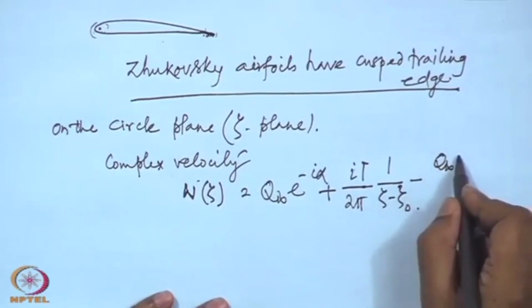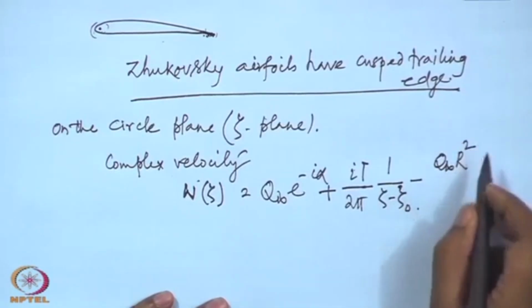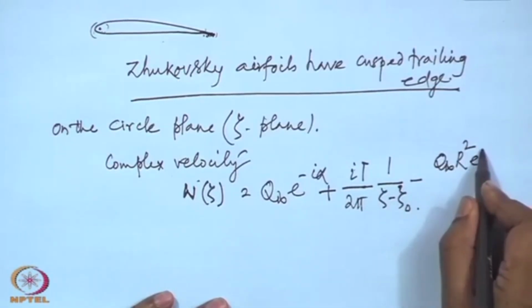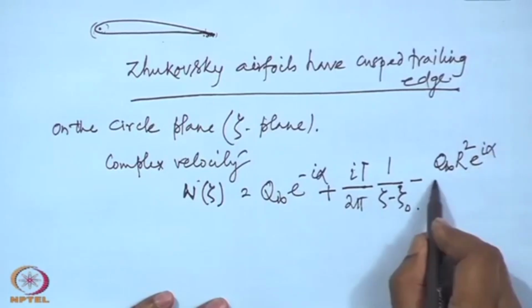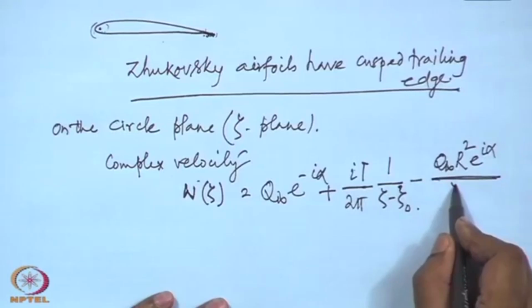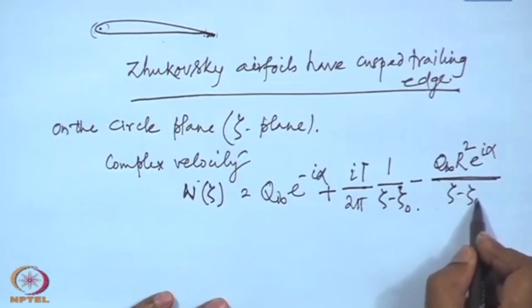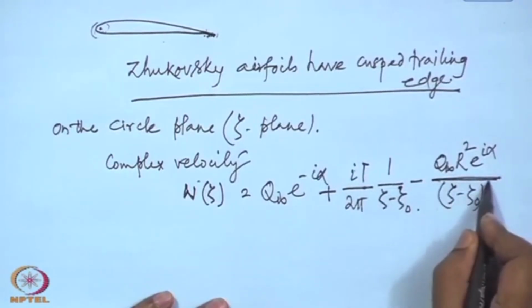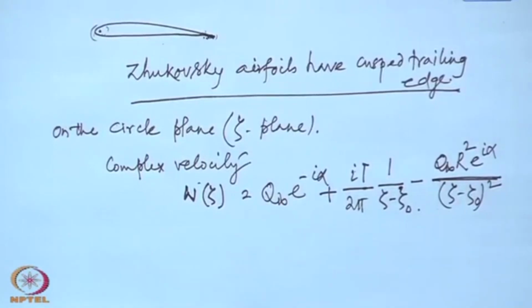Minus q infinity r square e to the power i alpha by, that doublet strength was how much?